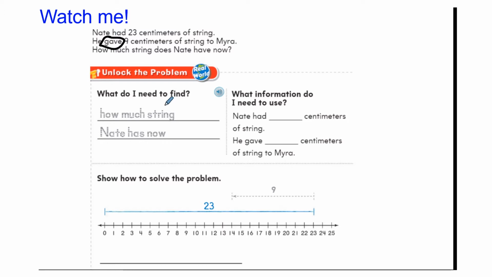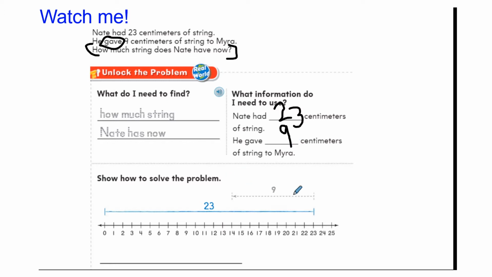So the question that we have to find out is how much string does Nate have now? Okay, so he started out with 23 centimeters of string, and he gave 9 of those centimeters to Myra.